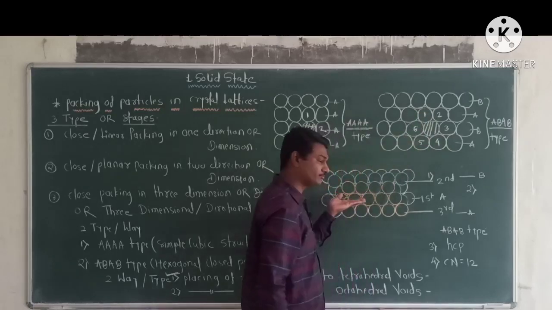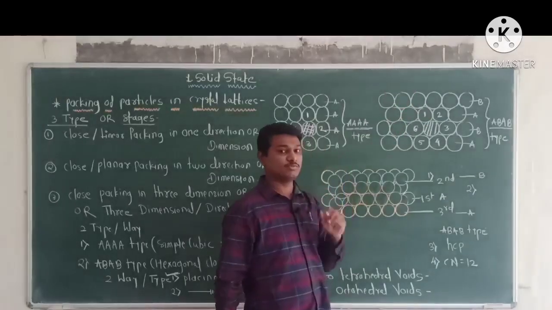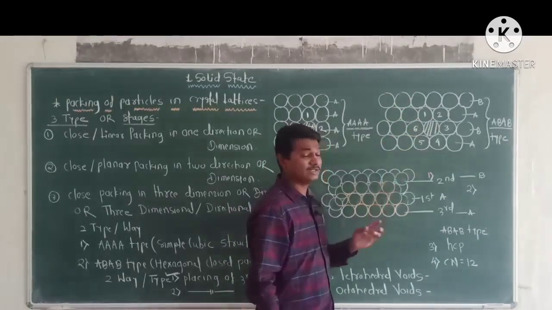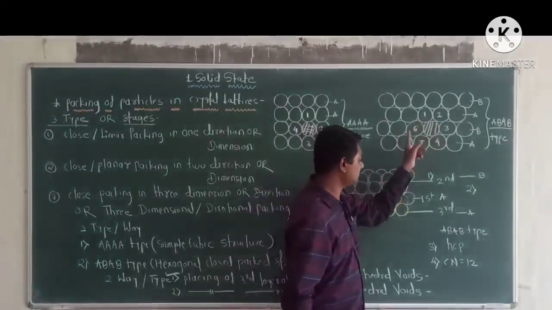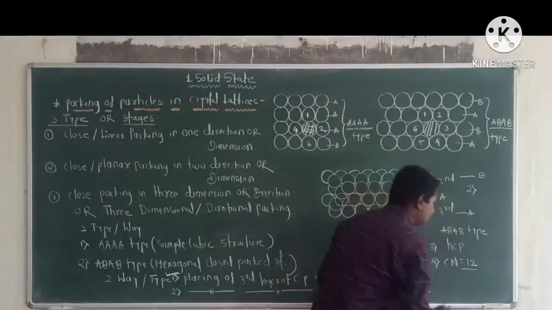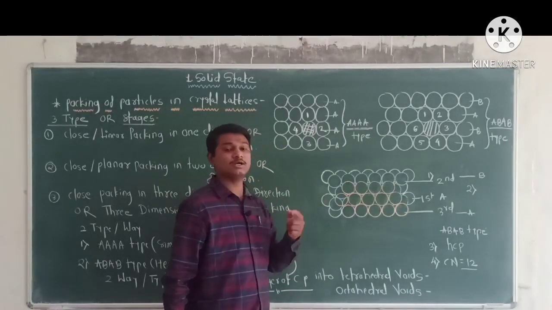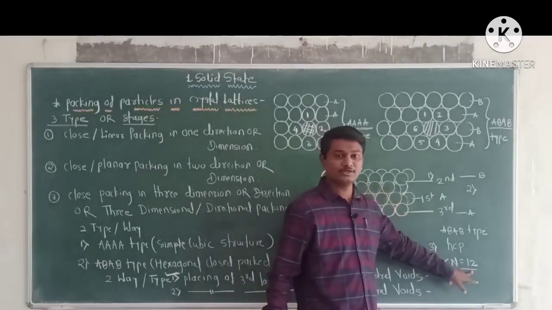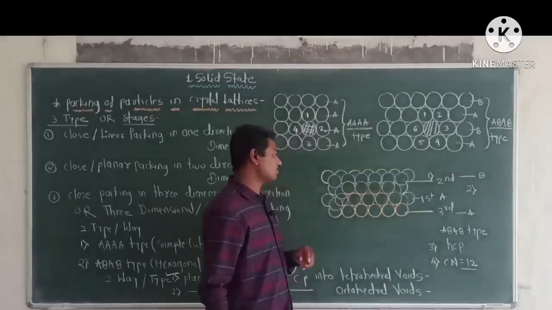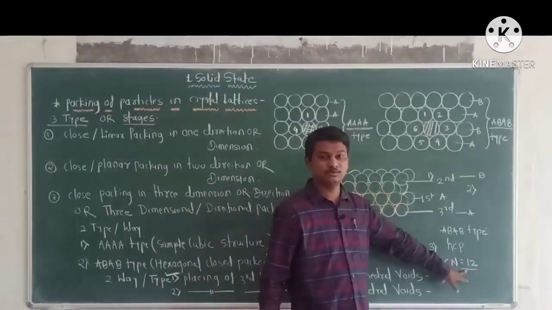Now above this constituent particle there are 3 constituent particles, and below there are 3, so 3 plus 3 is 6, and this 6, that is 12. Therefore the coordination number of each constituent particle in this packing is 12.